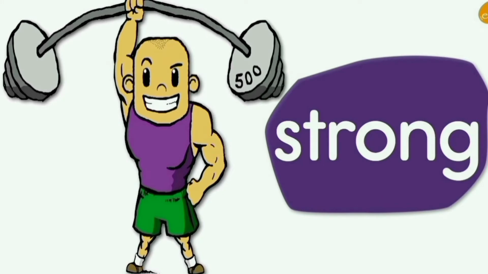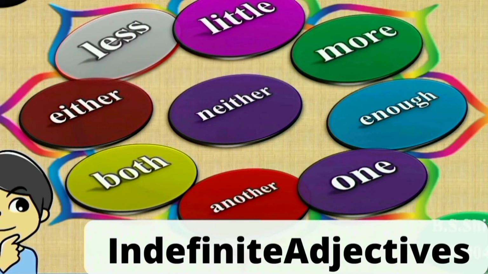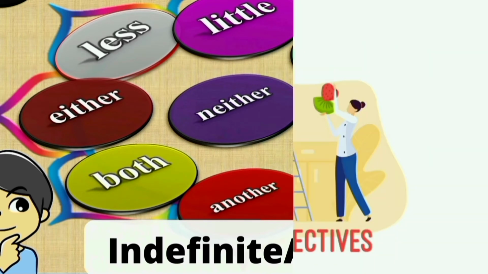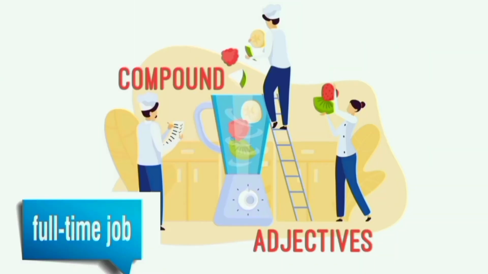They tell us more about a noun or about the pronoun that they modify. They describe them, they express their quality. Now, indefinite adjectives are like indefinite pronouns. They do not make specific reference. Some people describe them as being unspecific, and I think that person has a point there.